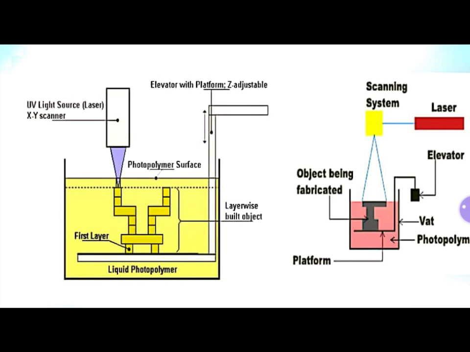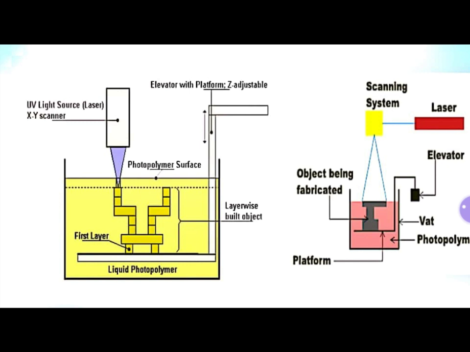So as you know, the light is going to be incident on the surface of photopolymer by the data that is available in the system.